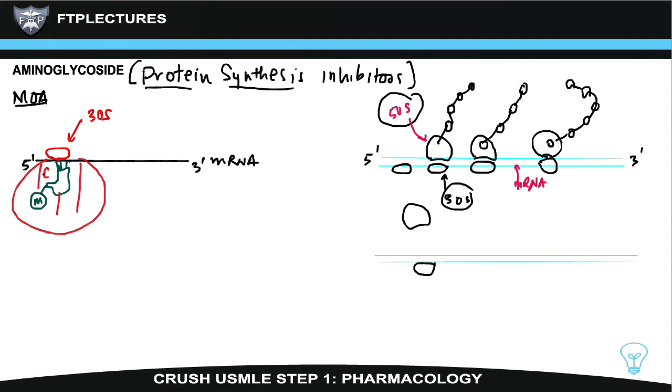It's an E site, a P site, and an A site. A for amino acid, and P for the peptide unit, the peptide site. And the E site, surprise, exit.